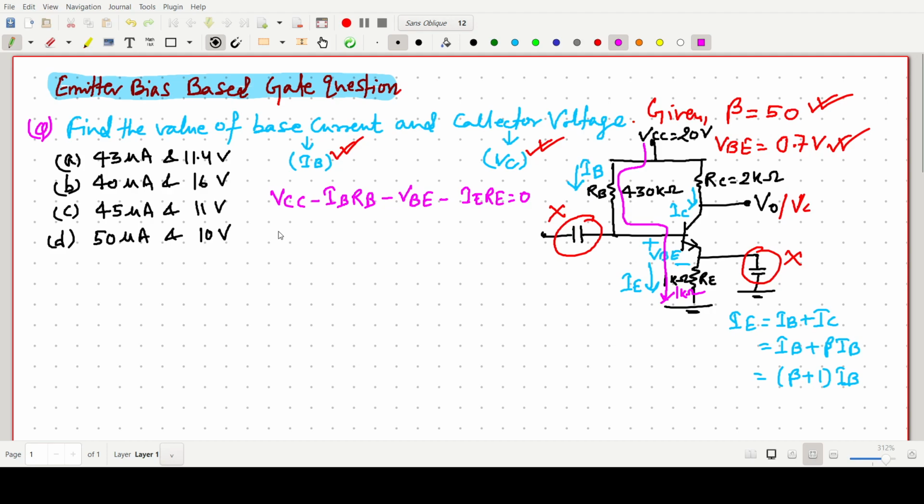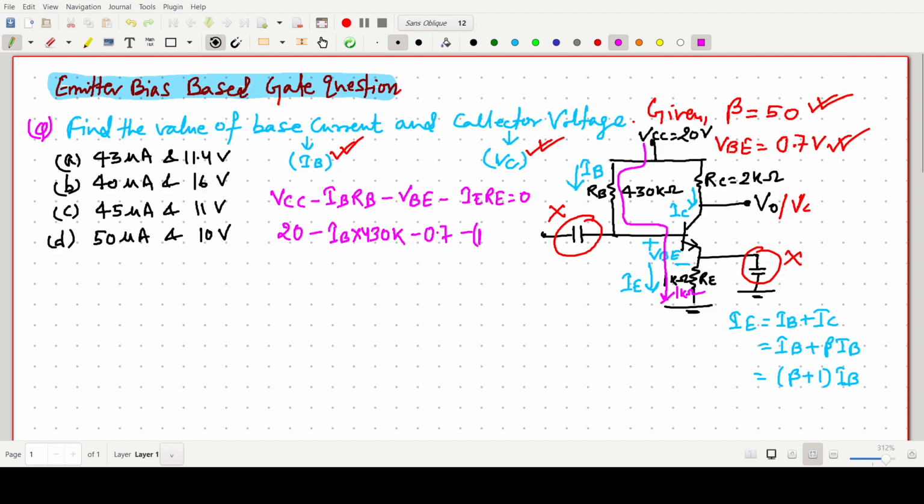Now VCC is given as 20 volts, so I write 20, and IB we have to find, with RB equal to 430K. So 20 minus IB times 430K minus 0.7 minus IE times RE, where IE is beta plus 1 times IB.